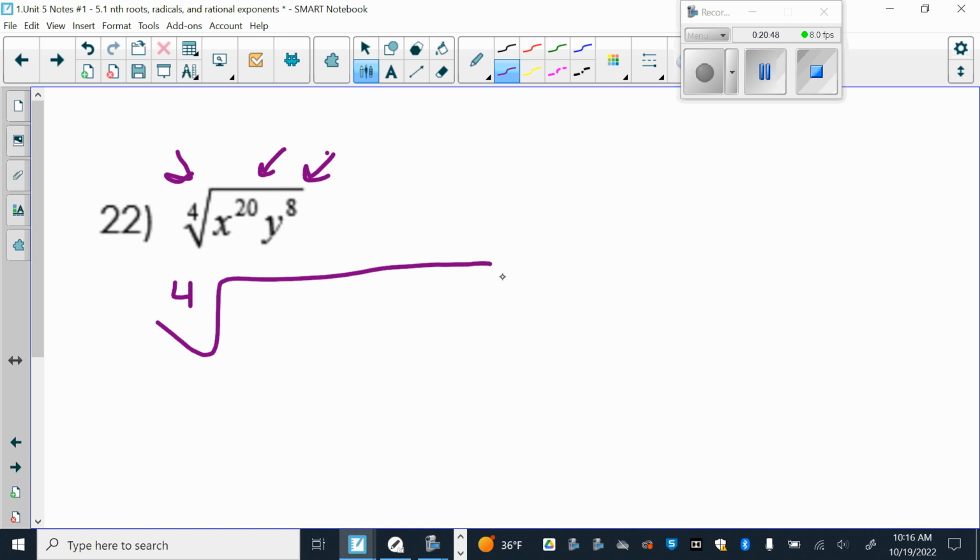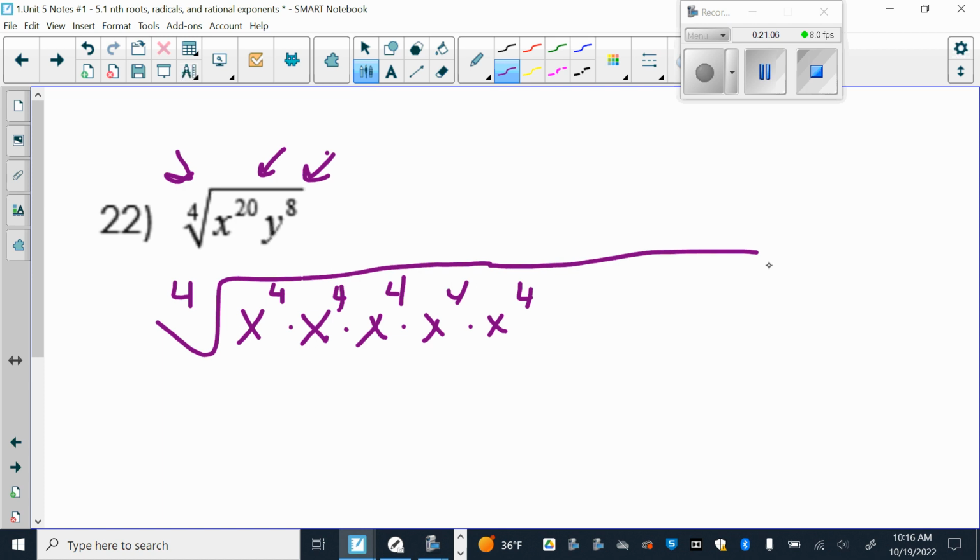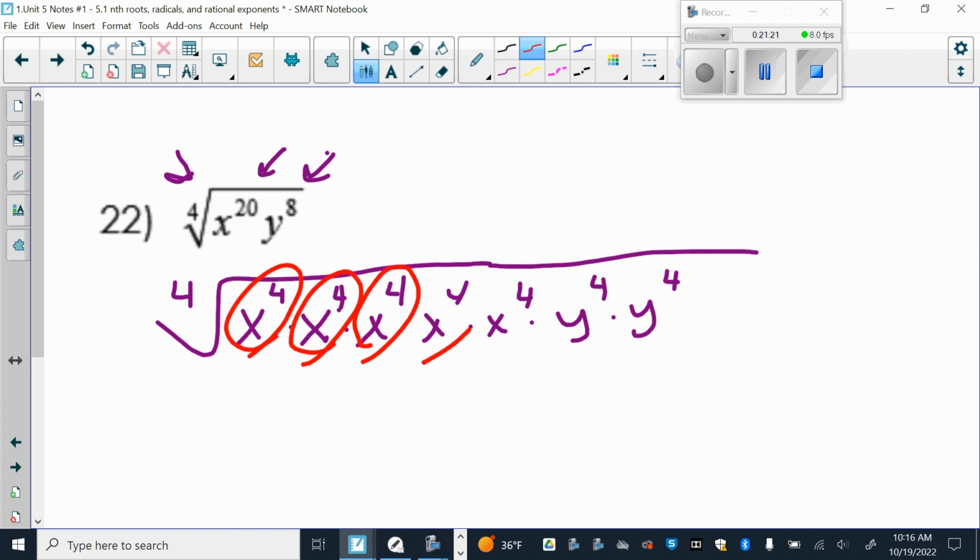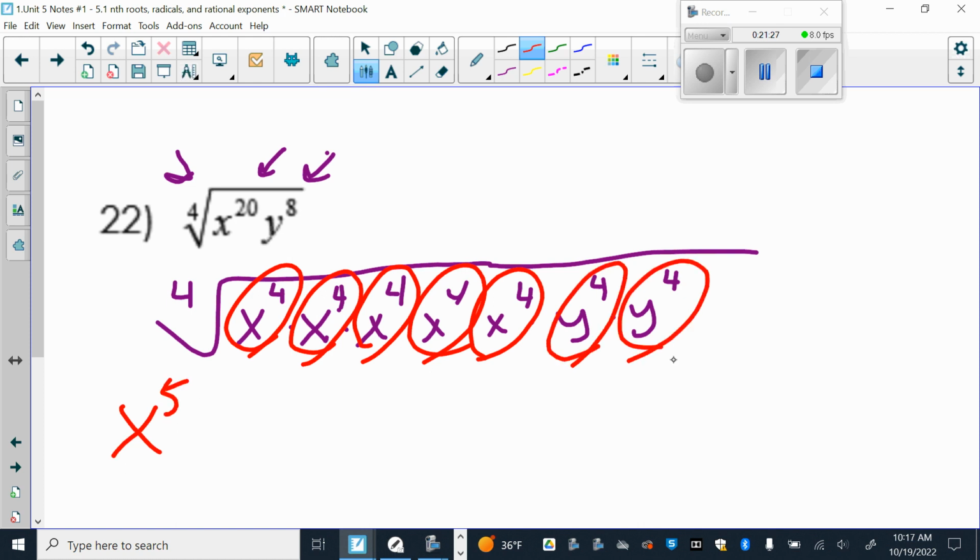X to the 20th is 5 sets of x to the 4th, and y to the 8th is 2 sets of y to the 4th. So I can take out 5 x's and 2 y's with nothing left over.